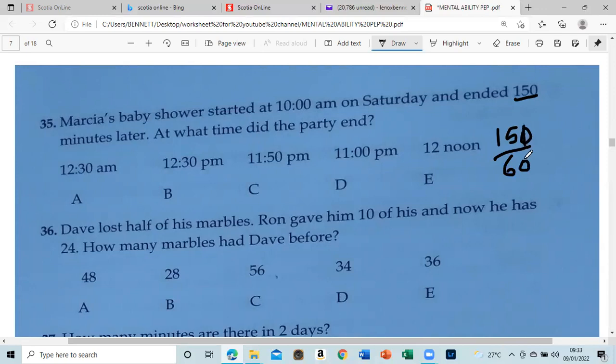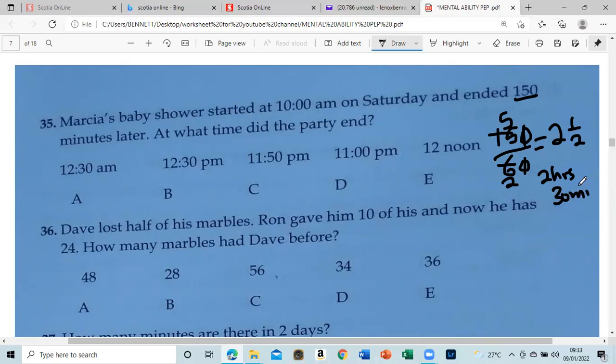Can I use 3 and reduce it? 5 and 2. So basically we get 2.5. So this represents 2.5 hours, that is 2 hours and 30 minutes. So let's just proceed.